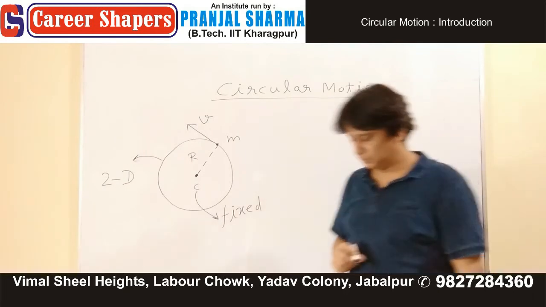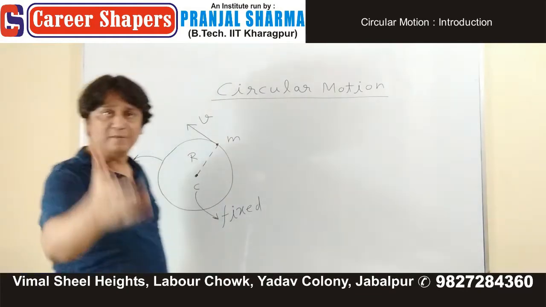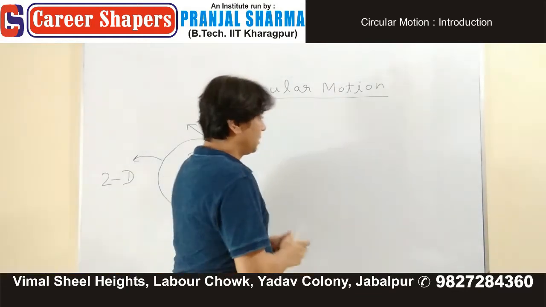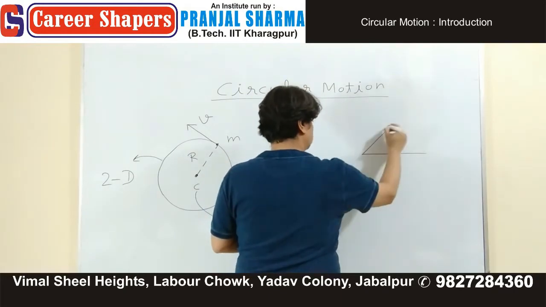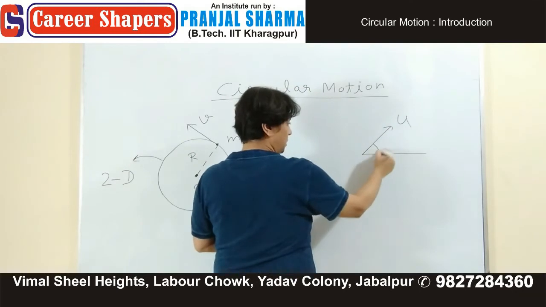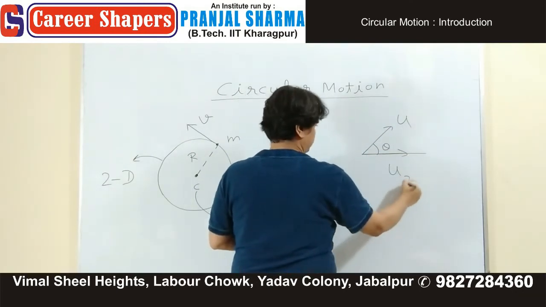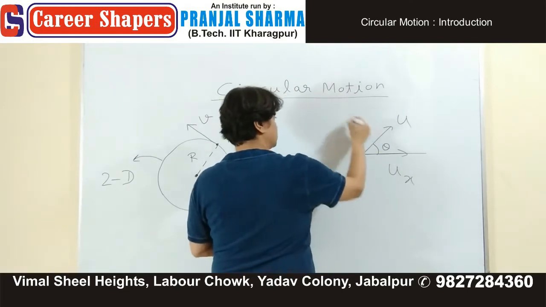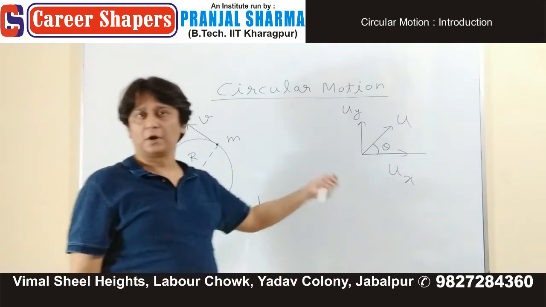Now, as soon as I said that this is 2-dimensional, then you know that in projectile motion we used to resolve all the vectors along the x-axis and along the y-axis, be it velocity or acceleration.